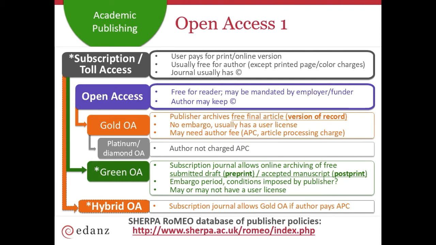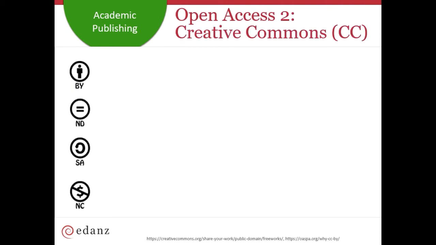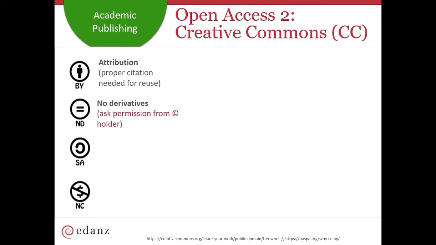Gold open access articles usually have a Creative Commons or CC license for free reuse. There are different types of CC license. CC BY is an attribution license that just needs proper citation for any reuse. ND means no derivatives such as translations are allowed unless you get permission from the copyright holder.